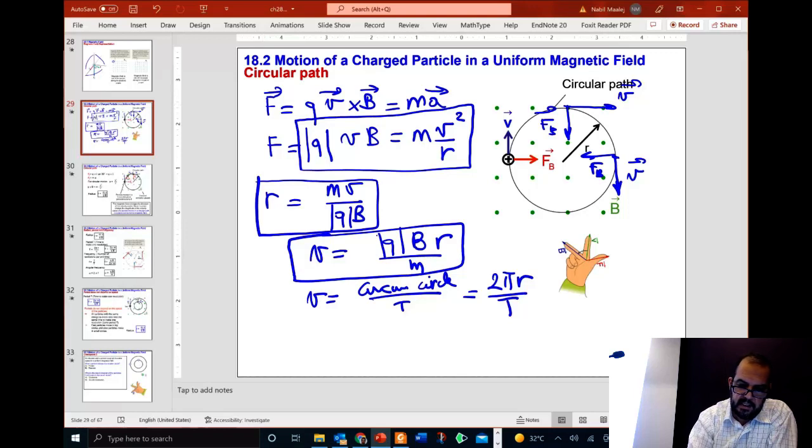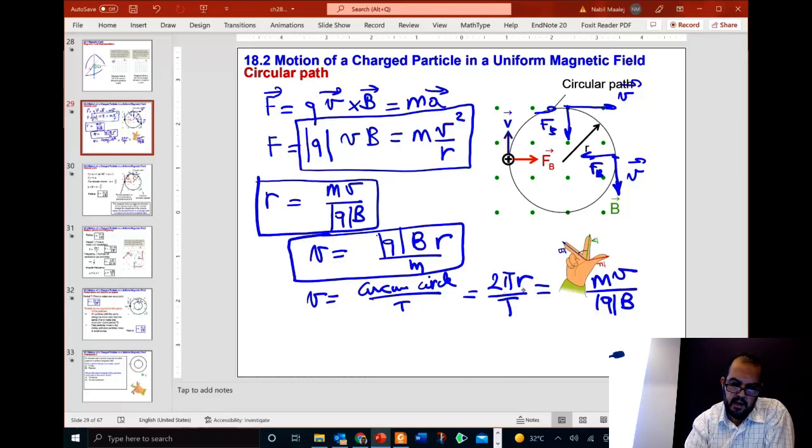So I can get, and let me write V. We know V is equal to 2 pi r over T. Did I forget something here?